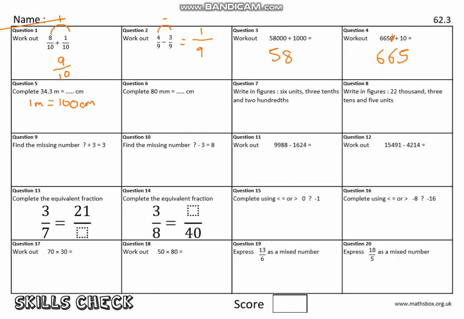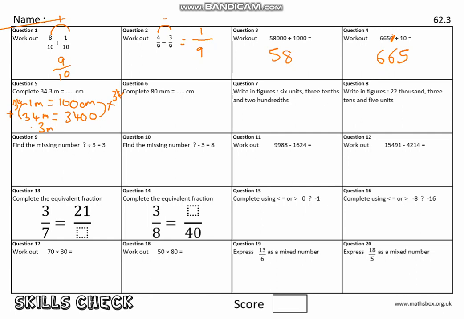If I do 34 metres, I've timesed my metres by 34, so I need to do the same to my centimetres. That means I've got 2 zeros here, so I'm going to write down my 34 and add my zeros. So I've got 3,400 centimetres for 34 metres, but I've still got my 0.3 of a metre.